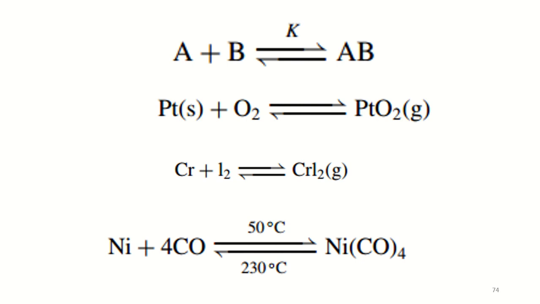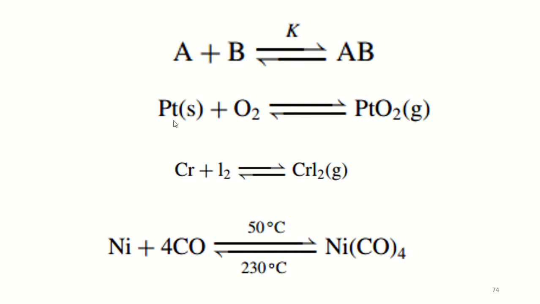An example of an endothermic reaction which can be used for chemical transport is the formation of gaseous platinum oxide PtO2 at about 1200 degrees Celsius, or sometimes we need to provide a temperature greater than 1200 degrees Celsius.